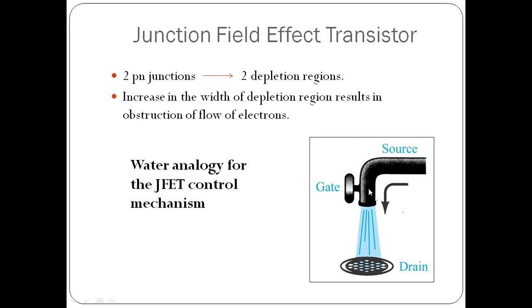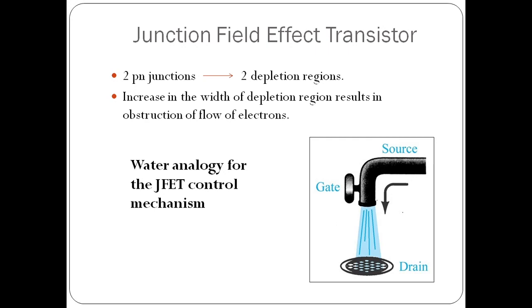Similarly, we have seen that the gate terminal in case of JFET can control the flow of electrons by changing the width of the depletion region. The sink here is the drain terminal. As we can see, if we apply a positive potential difference, which we will elaborate in this particular video also, then there will be flow of electrons from the source terminal to the drain terminal.